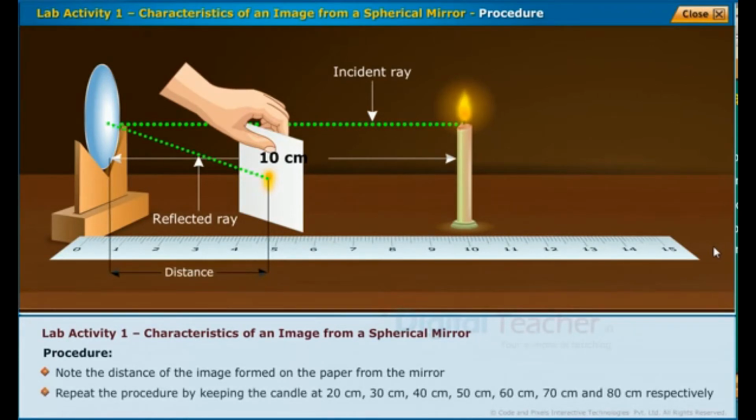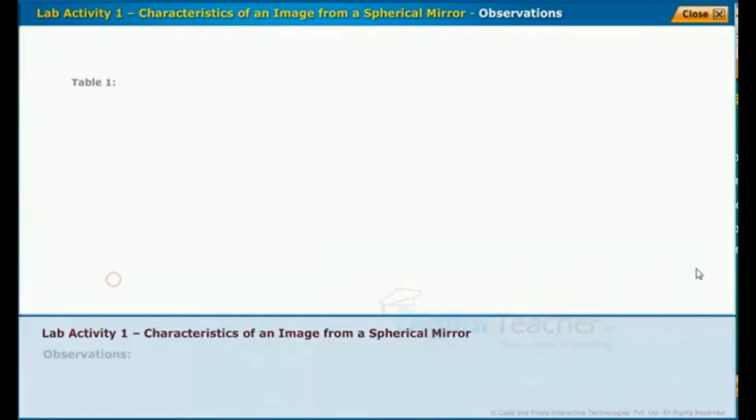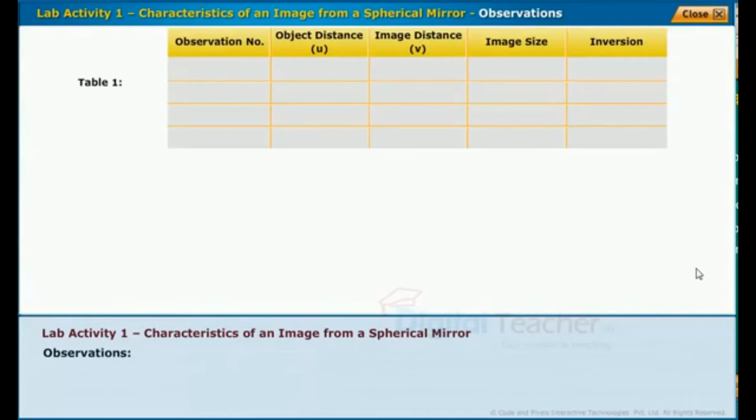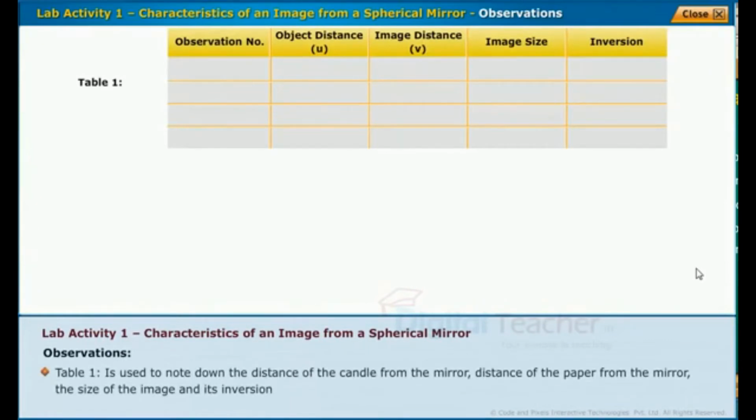Repeat the procedure by keeping the candle at 20 cm, 30 cm, 40 cm, 50 cm, 60 cm, 70 cm, and 80 cm respectively. Note the observations accordingly. As part of our observation, Table 1 is used to note down the distance of the candle from the mirror, distance of the paper from the mirror, the size of the image and its inversion.